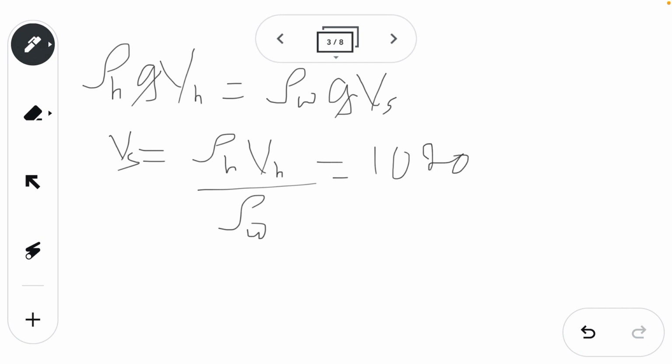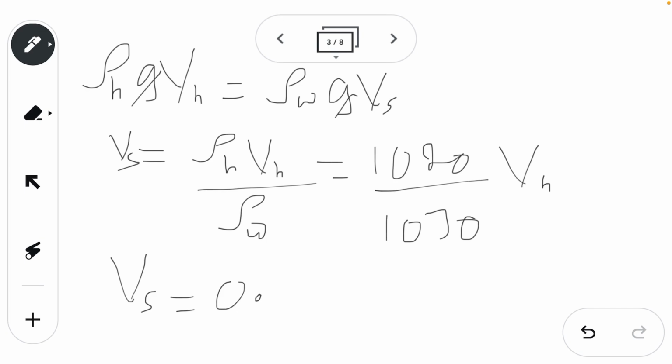Now the density of this human when he's breathing out is 1020 kilograms per cubic meter, and the density of the water is still the same, 1030, multiplied by VH, giving us the submerged volume of the human as 0.829 times VH.